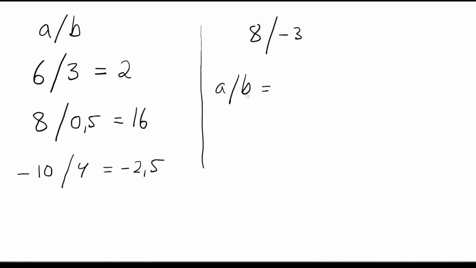The definition of A divided by B is: what should you multiply B with to get A? That's the definition that you can use, and it always works. For example, 8 divided by -3 means what should you multiply -3 with to get 8?